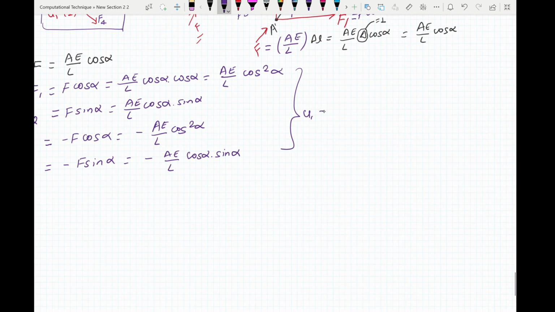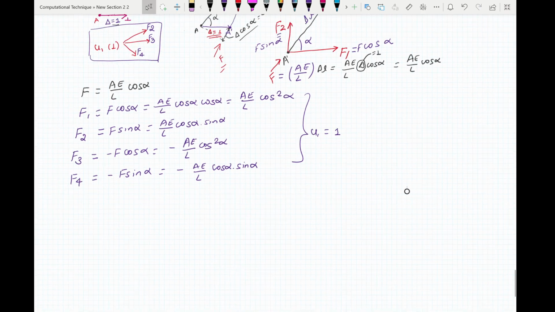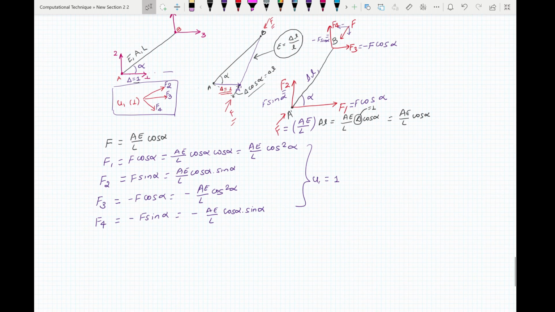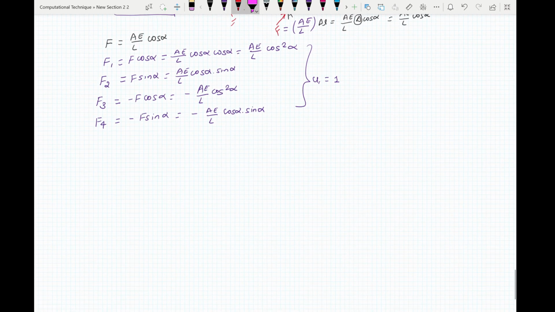equals 1. Now similarly, we have to apply a unit displacement in second degree of freedom. Now this will be like this. So you have your bar, you apply a displacement in this direction as delta equals 1.